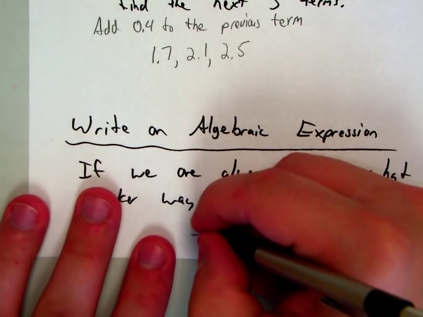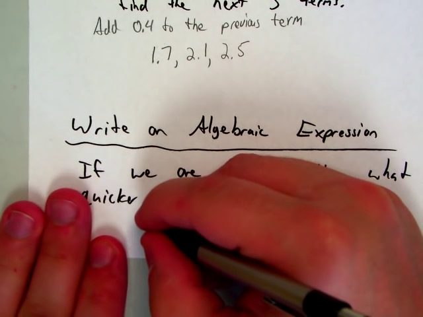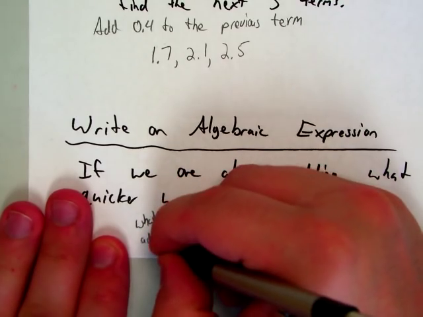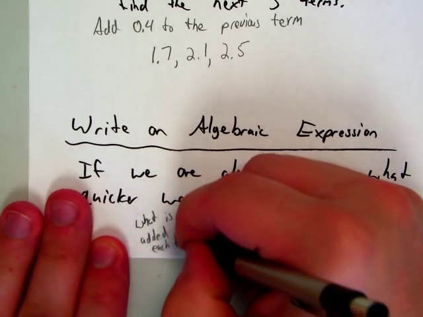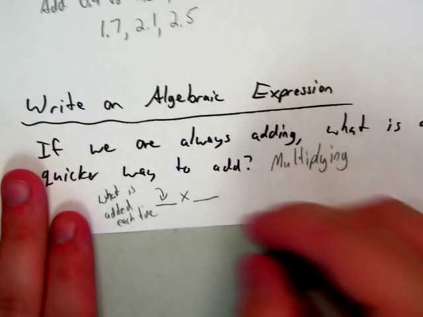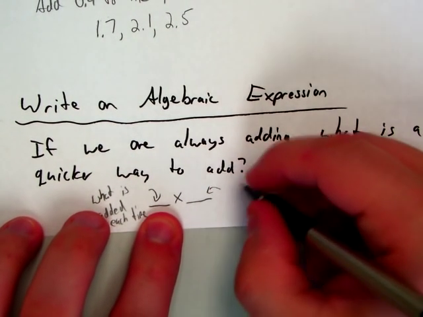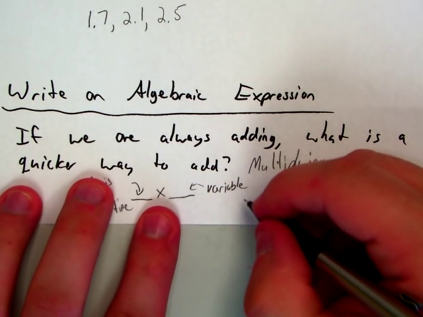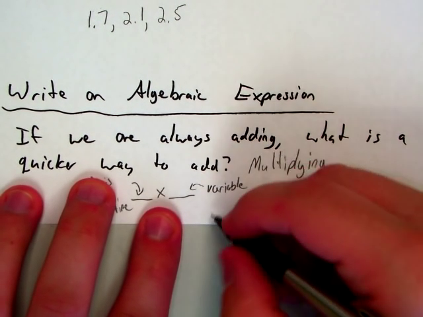That number is going to go here. So this number here is going to be what is added each time. And then this number here will be a variable, and this is going to represent the term number.